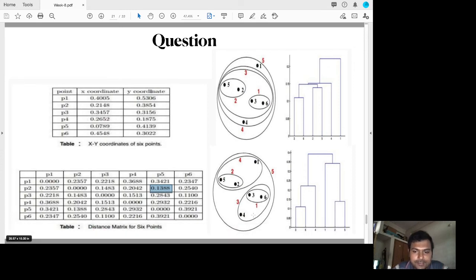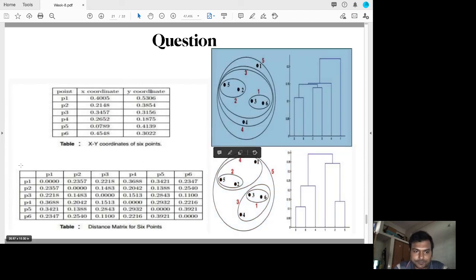Yeah, why? What is the distance between the point 4 and this cluster 1 if you are going by single linkage?